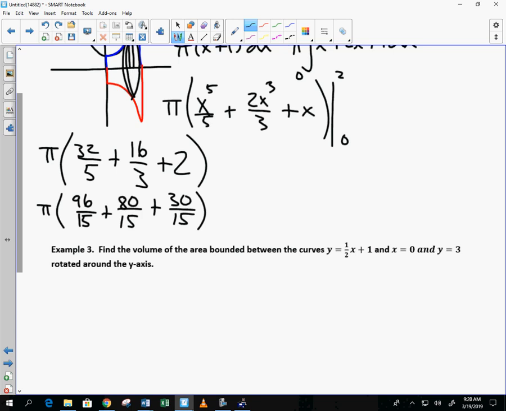Add them all up. 206 pi over 15. Sounds good.